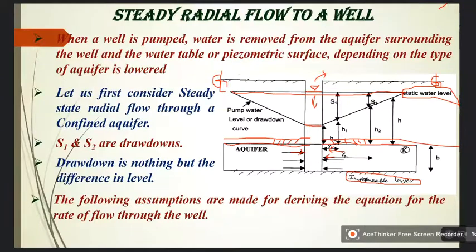Now, this is the center of the well. So the radius of the well, you can say, is RW.